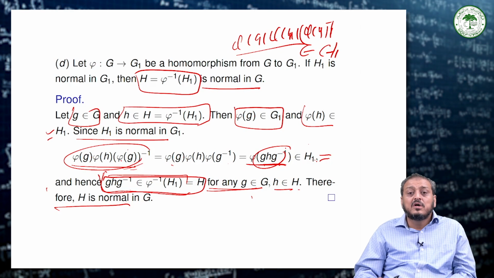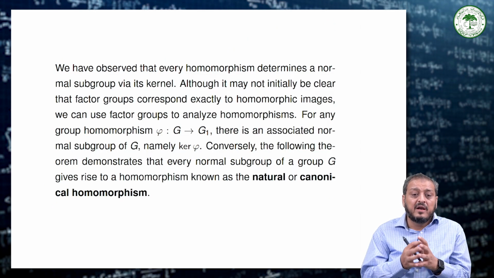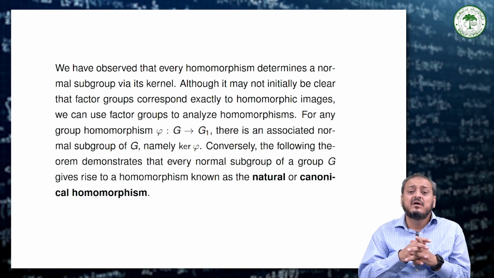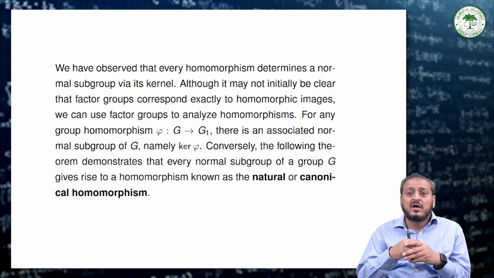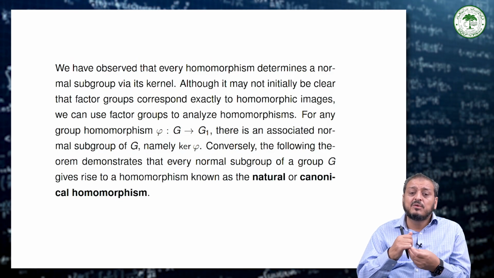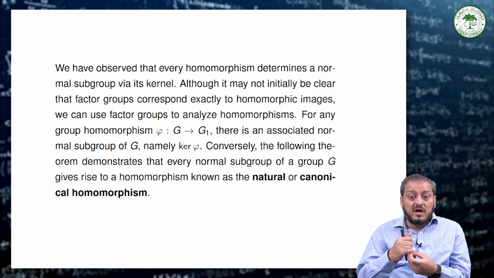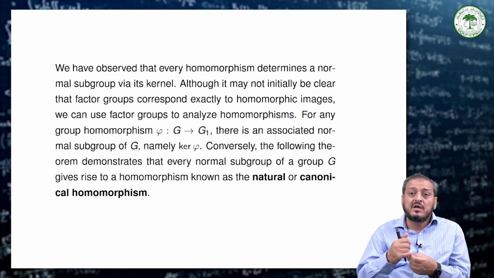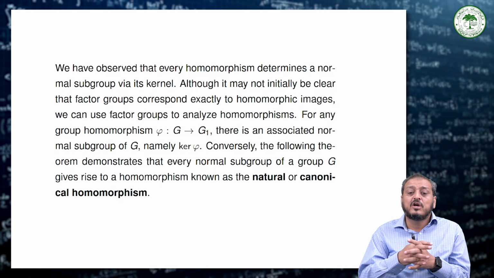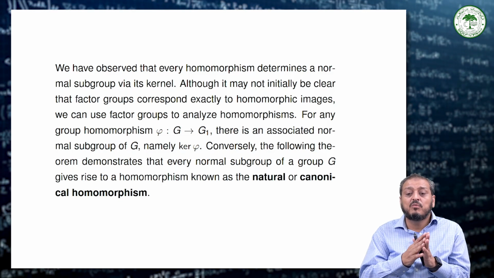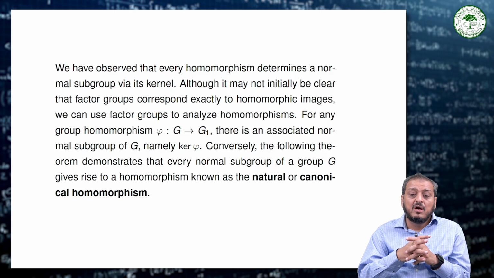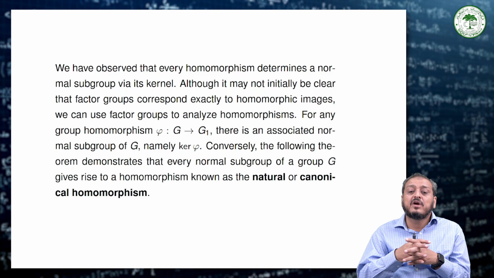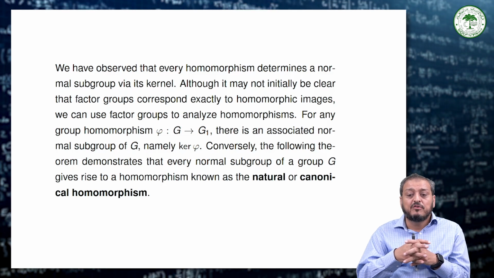Now, we have to move to the next topic. We have observed that every homomorphism determines a normal subgroup by its kernel. Although it may not initially be clear that a factor group corresponds exactly to homomorphic images, we can use a factor group to analyze the homomorphism.